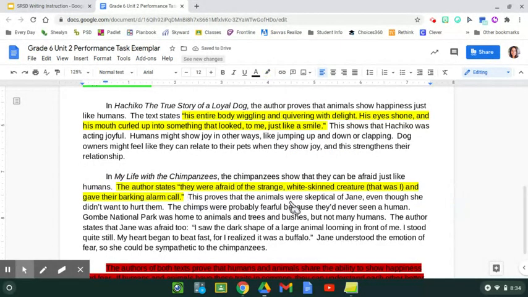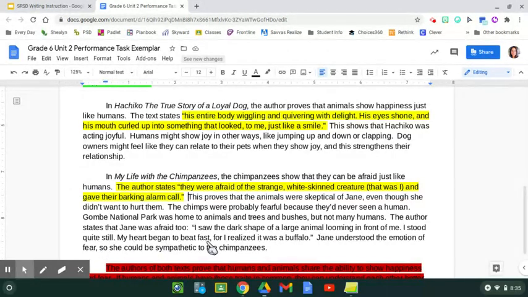This proves that the animals were skeptical of Jane, even though she didn't want to hurt them. The chimps were probably fearful because they'd never seen a human. Gombe National Park was home to animals and trees and bushes, but not many humans. The author states, okay, that's a clue. The author states that Jane was afraid too. "I saw the dark shape of a large animal looming in front of me. I stood quite still.